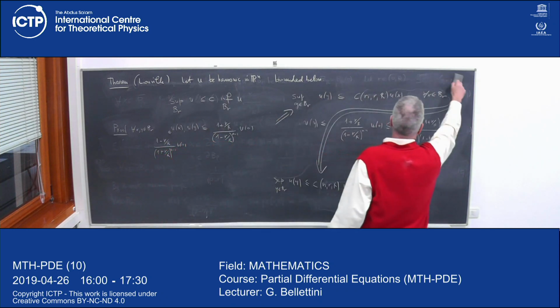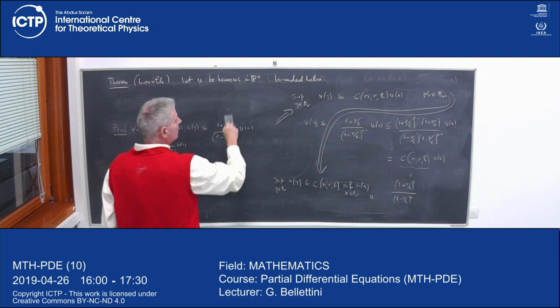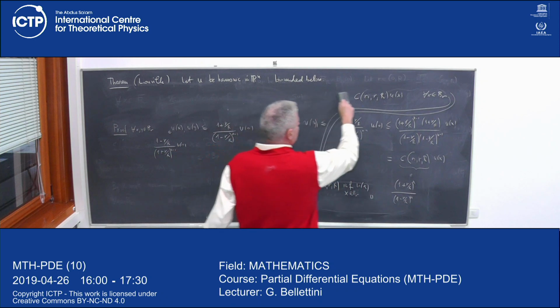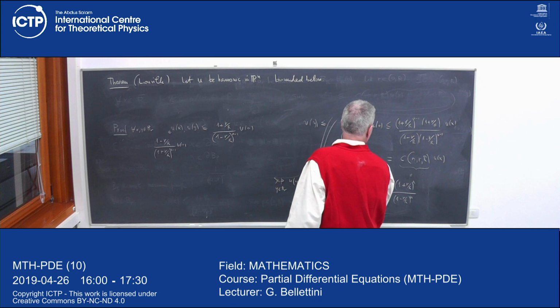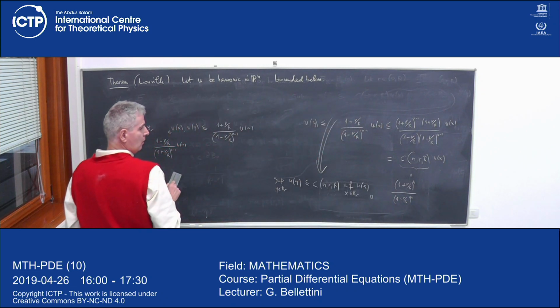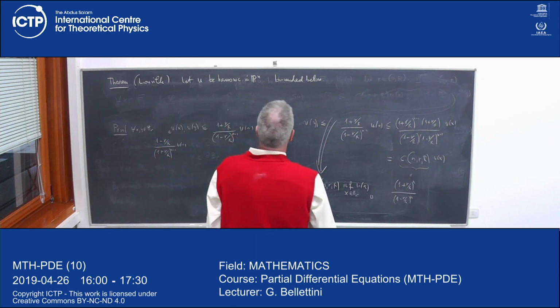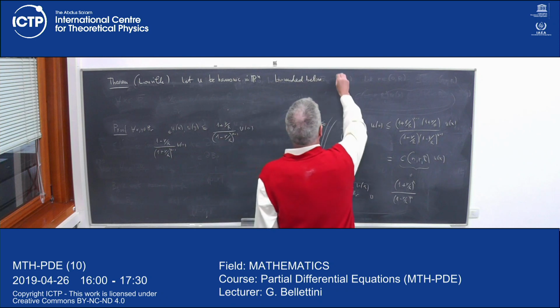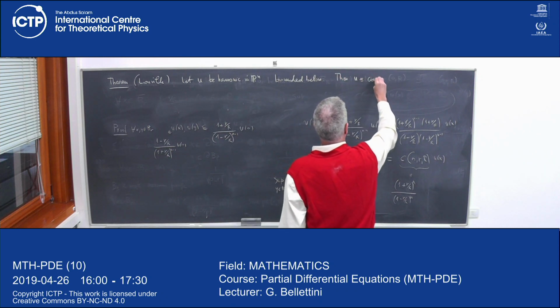This is a very similar result in any dimension. Let's see if we are able to prove it. So the statement is: let u be harmonic in R^n, bounded below, then u is constant.